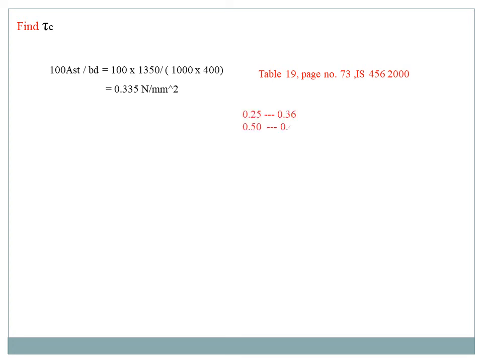In our code book, up to 0.25 the value is 0.36, and for 0.5 it is 0.48. Our answer 0.33 is in between 0.25 and 0.5, so we can take the average of 0.36 plus 0.48, and we got a 0.42 value. So this is tau c. Tau c is equal to 0.42 Newton per mm square. Our condition is tau c is greater than tau v, so hence safe.